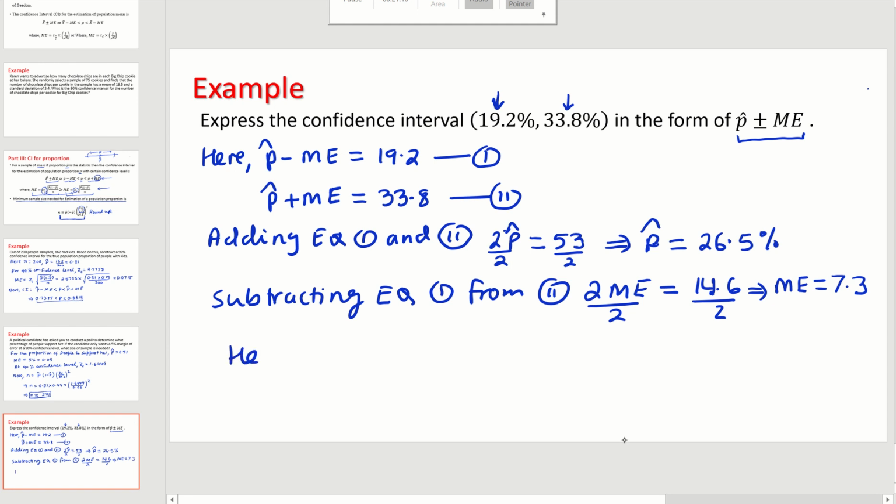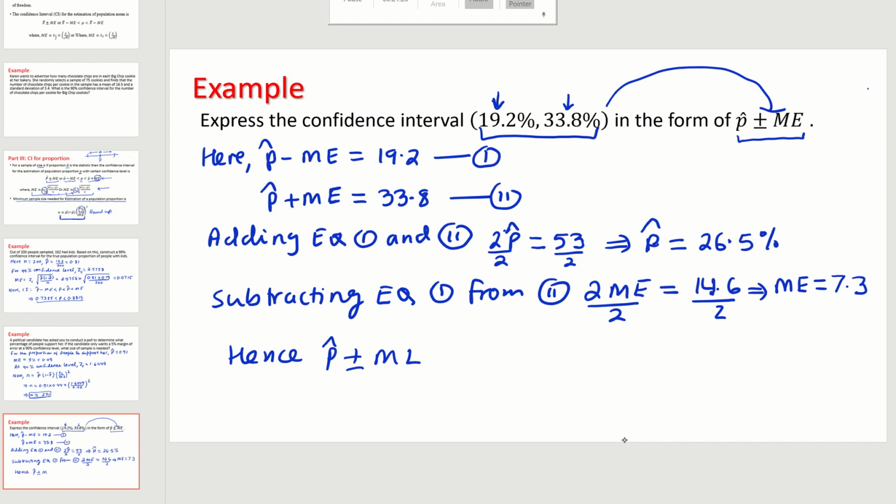Hence what we are looking for is, we want to write this interval in this form. We want to write it as p hat plus or minus margin of error, which is equal to your p hat, which we got here, 26.5%, then plus or minus the margin of error, which is 7.3%.